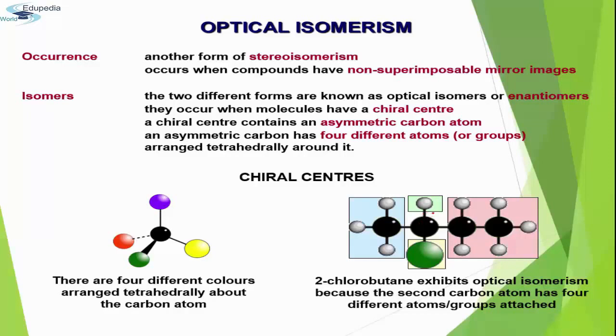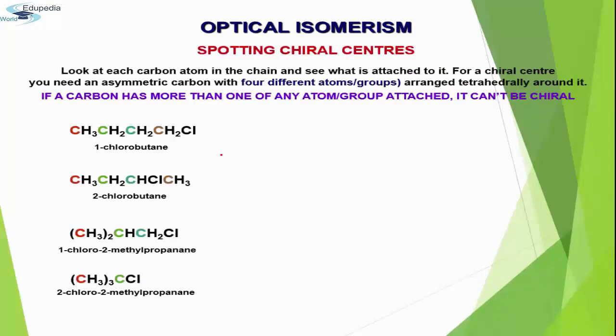So for optical isomerism, the test is just to check the chiral center. Let's analyze in which of these cases there will be a chiral center and in which there will be no chiral center. Just do it for yourself.